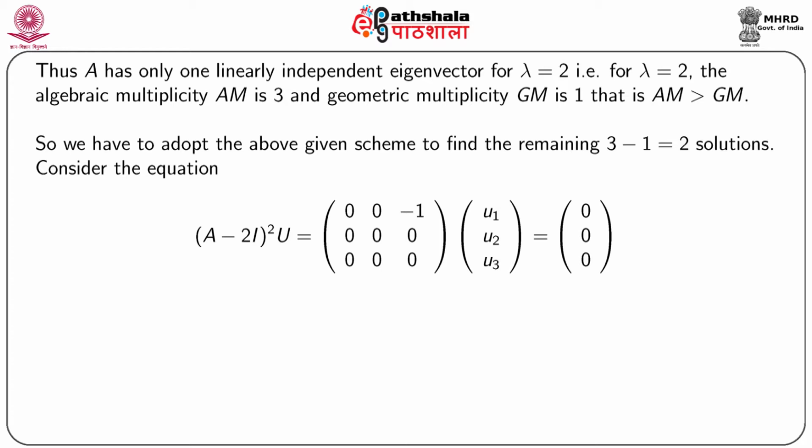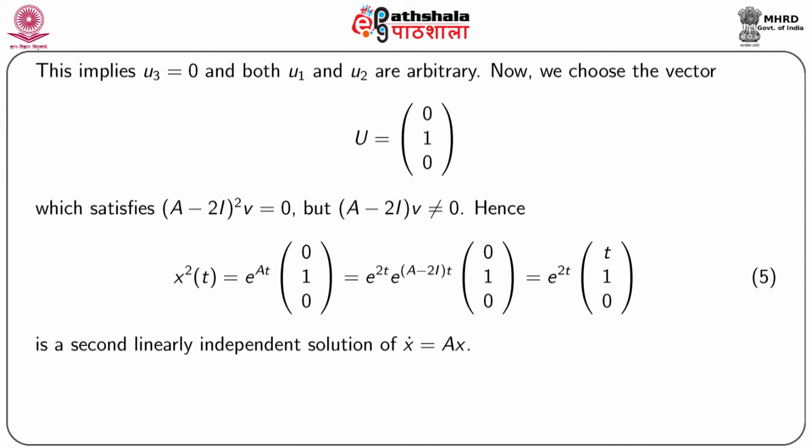We next consider the equation (A minus 2I) squared u equal to 0, and this gives the matrix 0, 0, minus 1, 0, 0, 0, 0, 0, 0 times u1, u2, u3 equal to the null vector 0, 0, 0. This implies u3 is equal to 0, and both u1 and u2 are arbitrary.